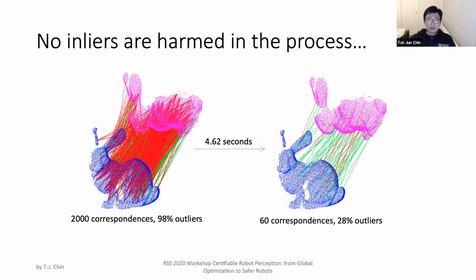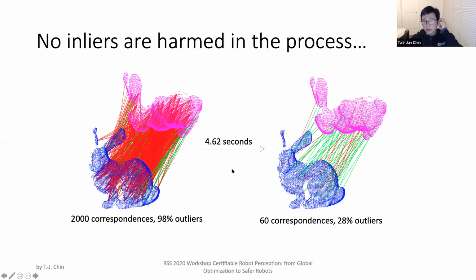Sorry about that. So in the point cloud registration problem, again, we have a bunch of correspondences computed using a black box. Instead of trying to find those green lines, I star, the inlier set, from the get-go, what if we just remove as many of the red points as possible in a manner that guarantees that none of the green lines are removed?